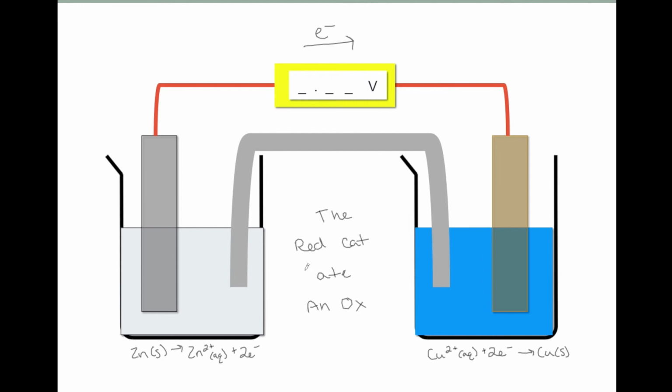The key components of this sentence are red cat and an ox. What this tells us is that the reduced side is going to be the cathode and the oxidized side is going to be the anode. So go ahead, take a second and see if you can label correctly which side is going to be the cathode and which is going to be the anode.